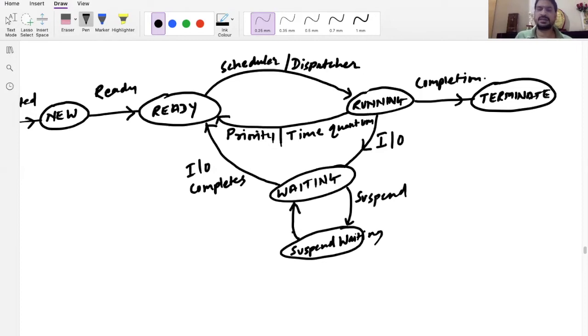Let's say the main memory is right now free, so it can come into the main memory. A process can go from the ready state also to the suspended state.